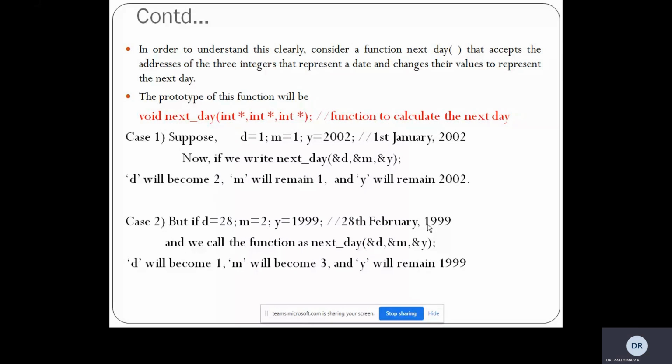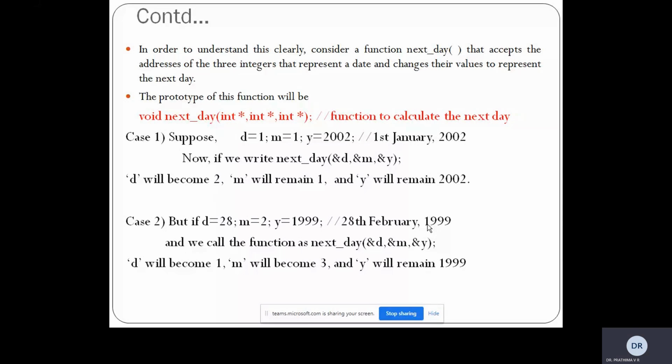What we are trying to convey as per case 1 is that if we calculate the next day after day d, the next value which immediately follows would be 2. That's how we understand the necessity of this next_day function call.